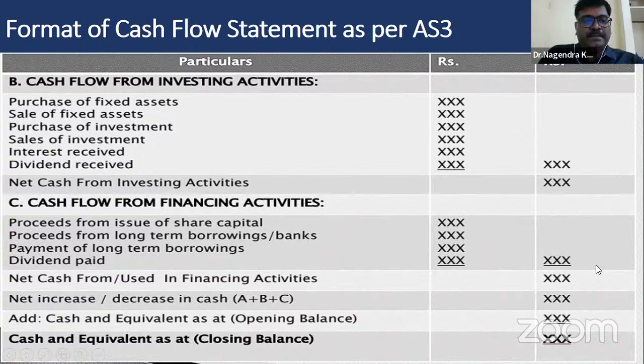For this, we will add the opening balance. So to the opening cash balance, we add the cash generated from all these activities, so that we get the cash balance at the end of the year.